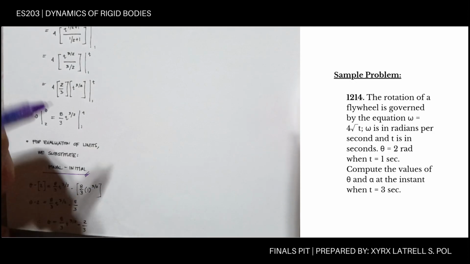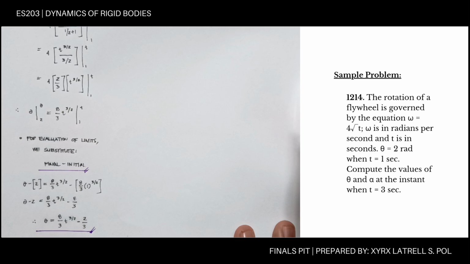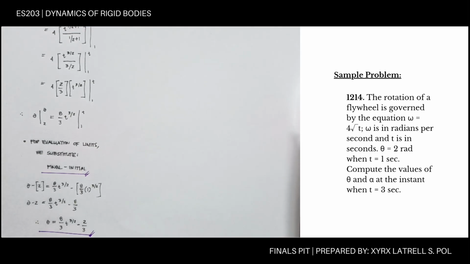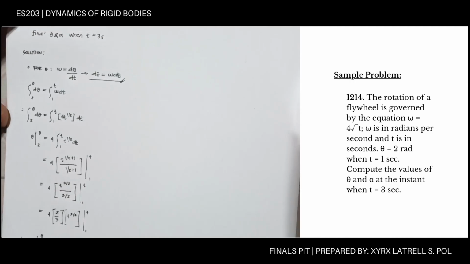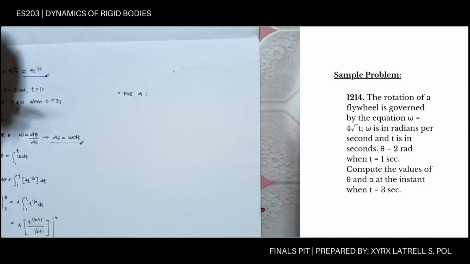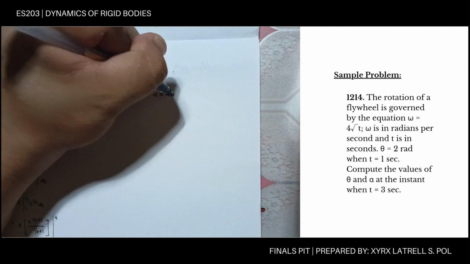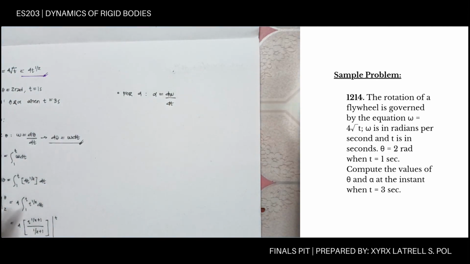So, underline lang natin, tas kunin muna natin yung equation for alpha guys bago tayo mag-substitute sa time. Mas madali lang to kumpara sa theta kasi direct differentiation lang. So, recall natin na alpha is equal to the derivative of omega with respect to time. So, substitute lang natin ang omega equation dito.